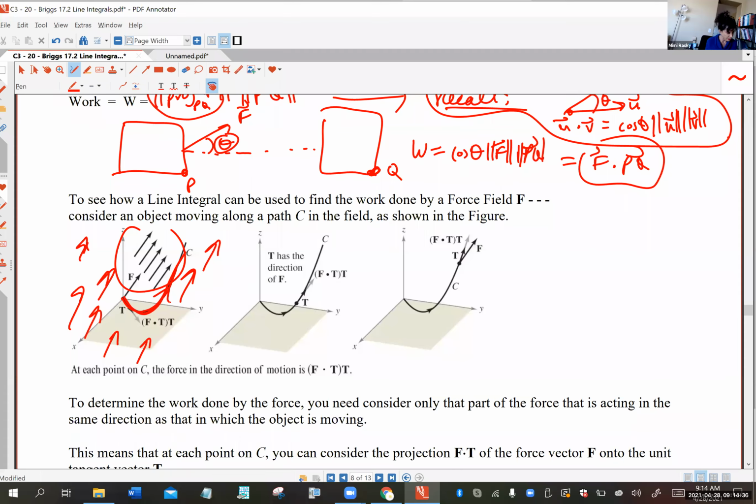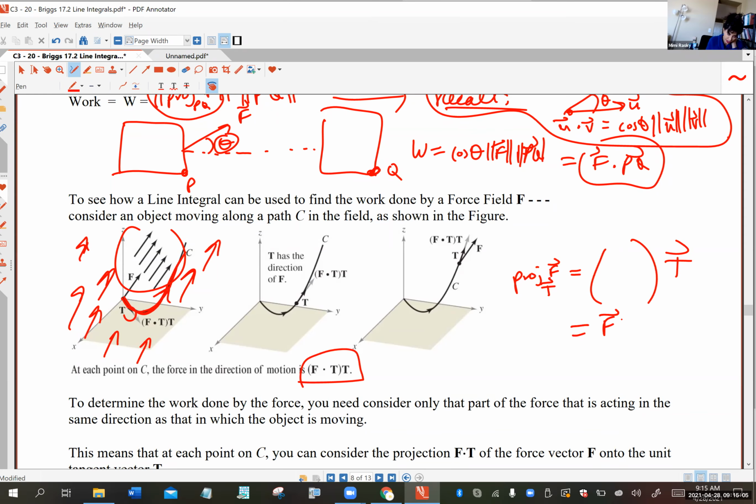It turns out the force in the line of motion, you want to project your force vector onto the unit tangent vector, because that's a vector that's tangent to the curve, and it's going in the same motion as your curve. So that's what you want to get. They're even talking about that there. If you remember, projection of F onto T would look like a scalar times a vector.